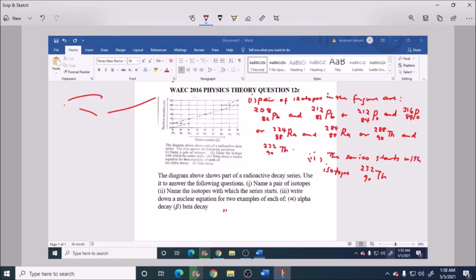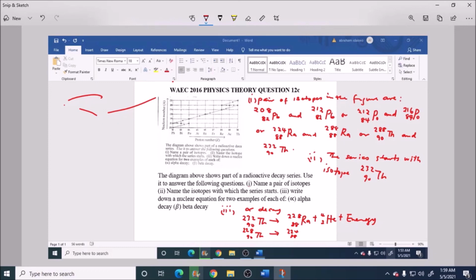Then we also have 228, 90 uranium resulting in 224, 88 radium plus alpha particle plus energy.